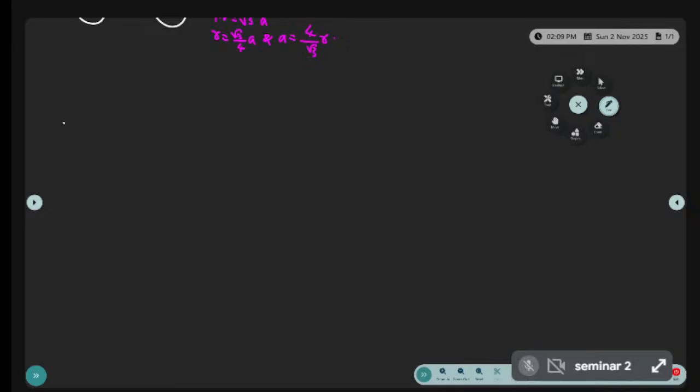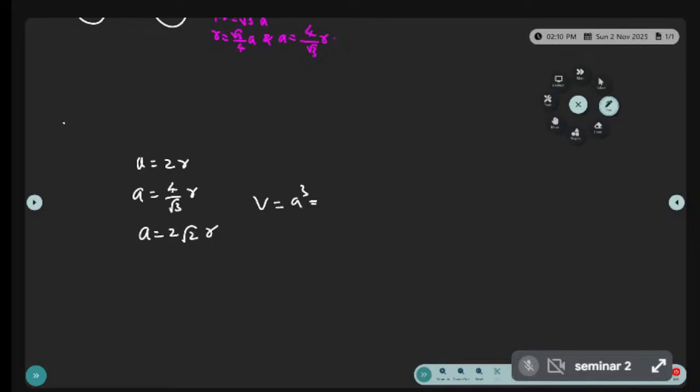So if you want to find capital V, the volume of the unit cell, it is A cube, in terms of radius. A is equal to 2r, A is equal to 4 by root 3r, A is equal to 2 root 2r. As the A value is changing, V is equal to A cube.